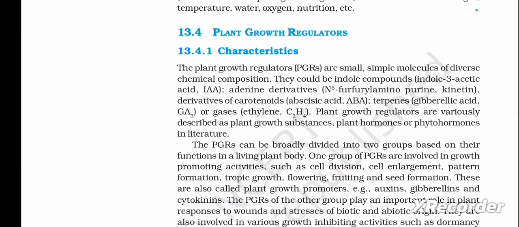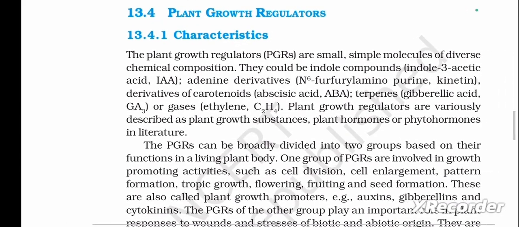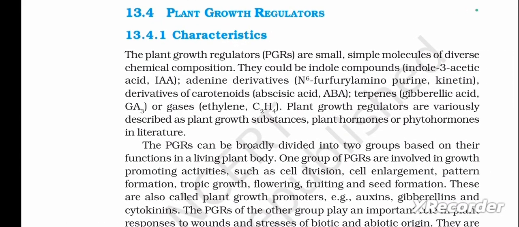Next is 13.4, plant growth regulators. In that, first one is characteristics. The plant growth regulators, PGRs, are small, simple molecules of diverse chemical composition.